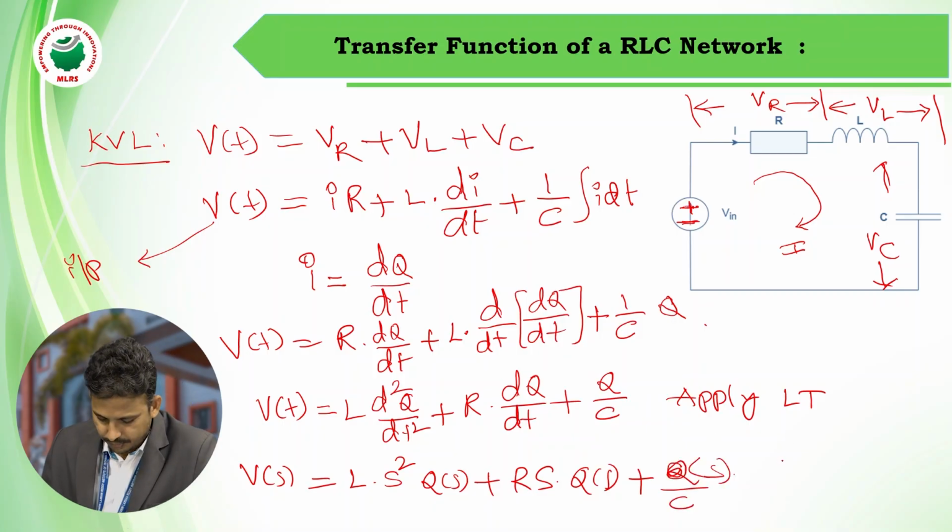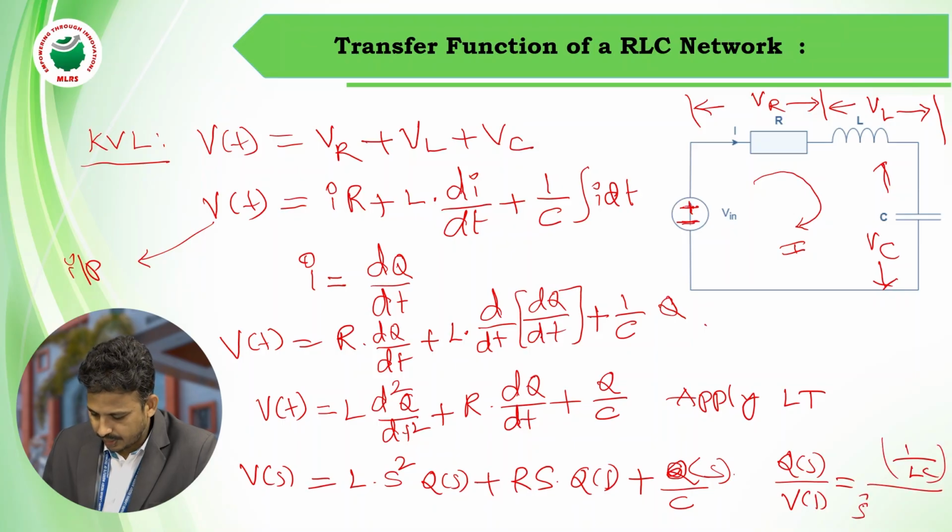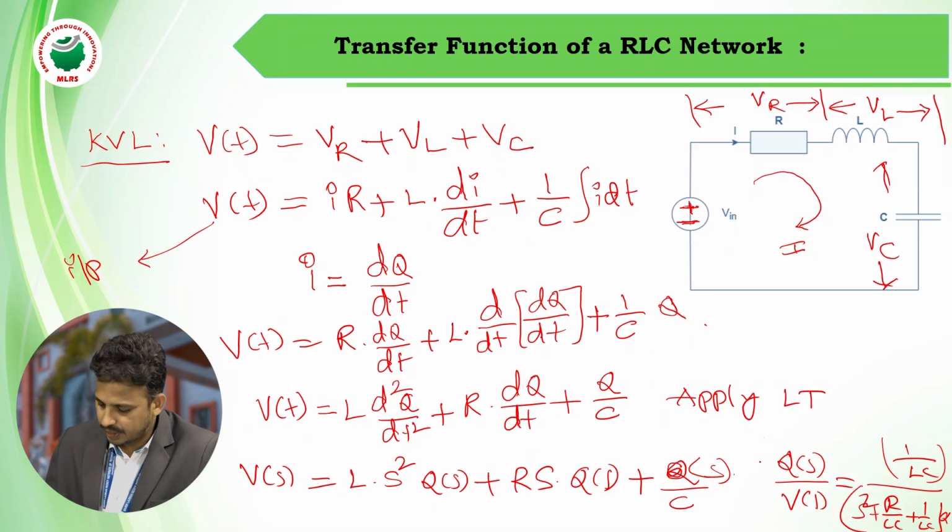So finally, q of s by V of s is equal to 1 by L upon s square plus R by L s plus 1 by LC. So this is a transfer function.